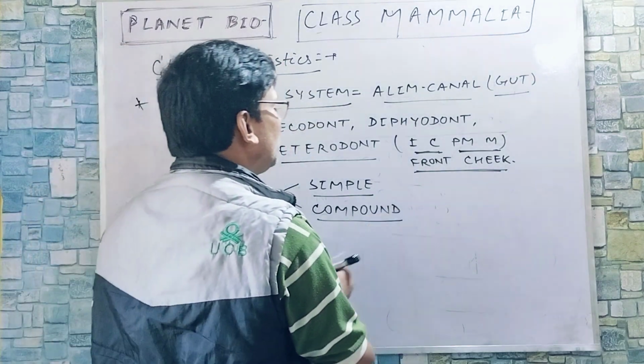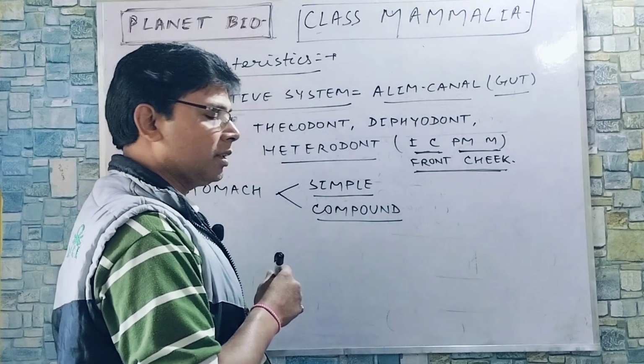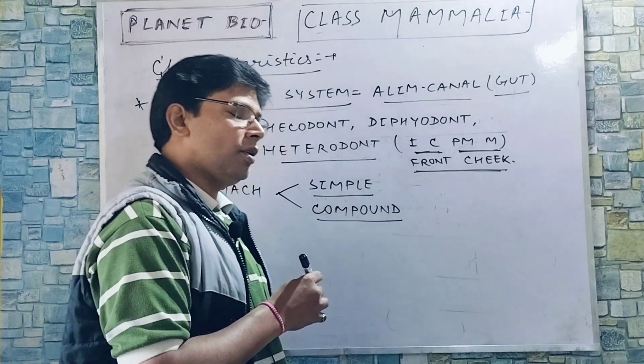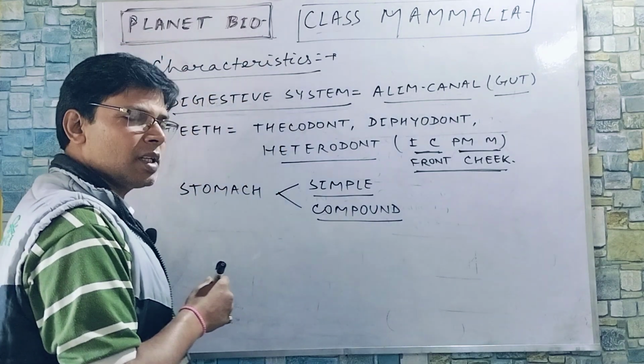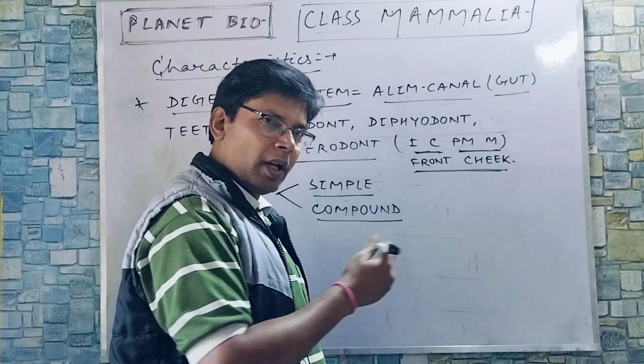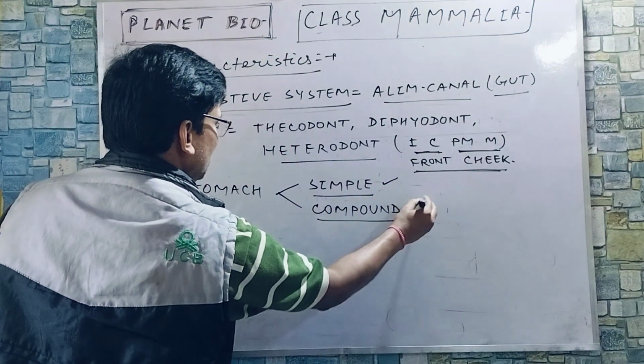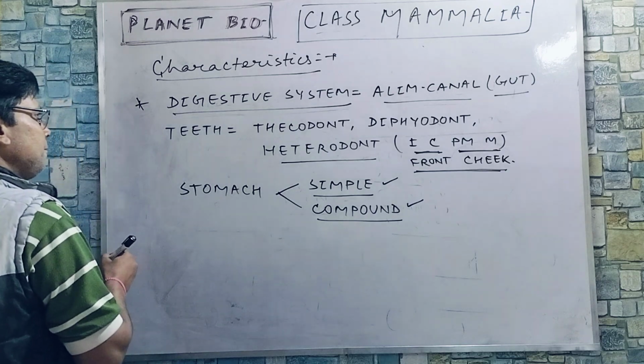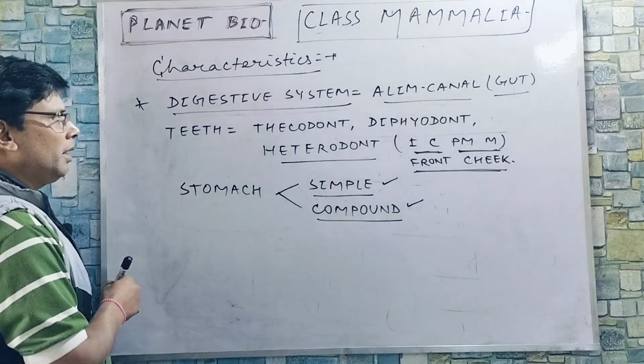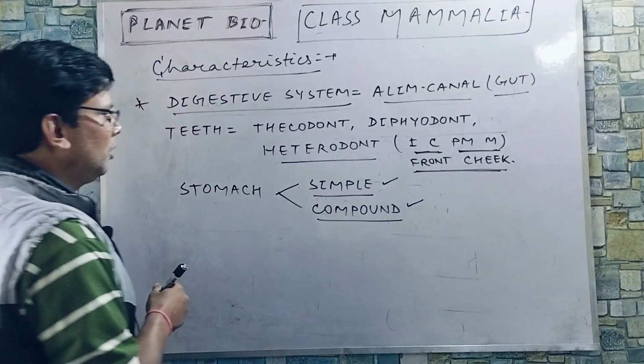So the compound stomach contains four chambers, omasum, abomasum, like that. So stomach may be simple, may be compound, and it comes to an end with anus. Okay.